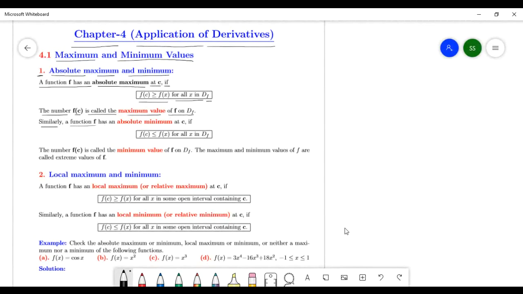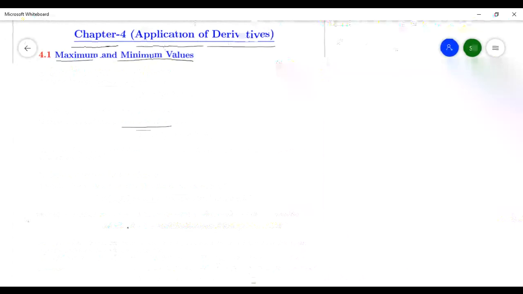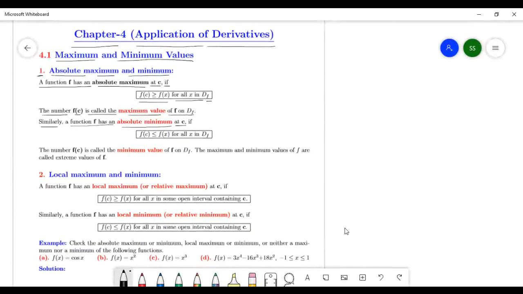Similarly, a function f has an absolute minimum at this number c if f of c is less than or equal to f of x for all x in the domain of f. The number f of c is called the minimum value of function f on the domain of f. The maximum and minimum values of function f are called extreme values. Okay, maximum and minimum values together are called extreme values.